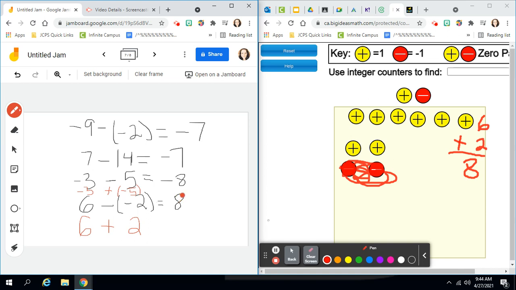Let's consider these other two problems up here that we had done before using the integer chips. -9 minus -2. Well, we actually can solve this as an addition problem as well. It's -9, and what we ended up doing was we added positive 2. And -9 plus positive 2 was -7, right?